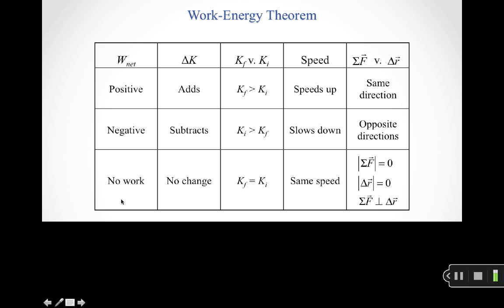And then no work, so you're not changing the kinetic energy. Kinetic energy is the same at the beginning as it was at the end, which means you're traveling at the same speed at the beginning as you were at the end. And there are a couple different ways that you can do this.